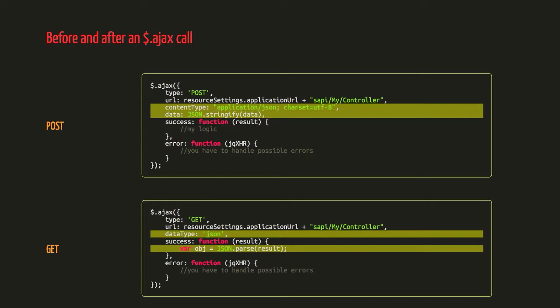In case of GET, the data type must be JSON, and then we have to parse the response using JSON.parse. In both cases, we have to handle possible errors in a proper way, but we will see this point later.